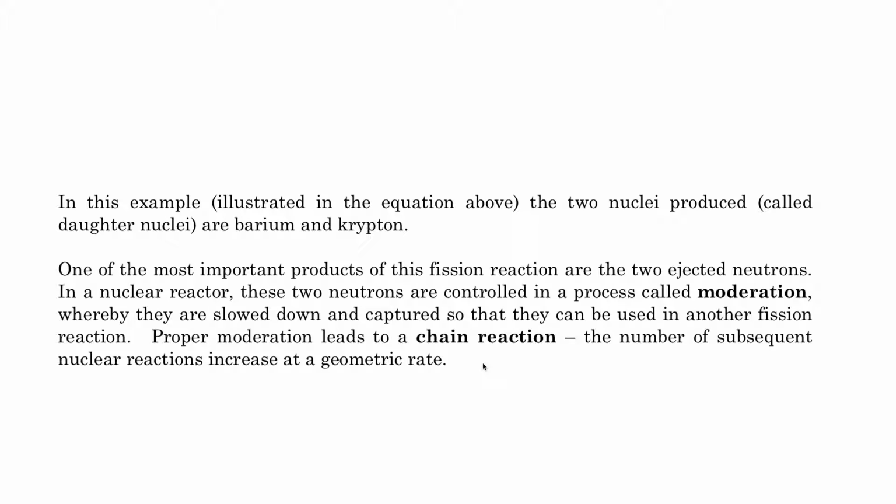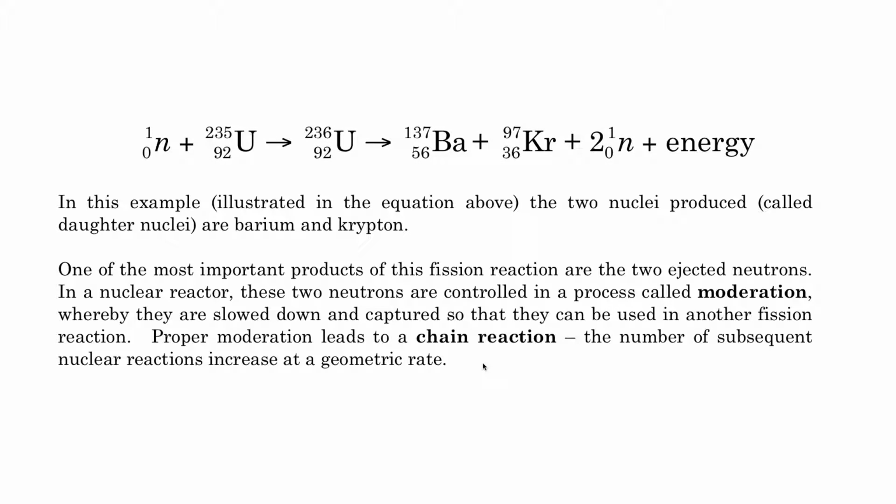So when we take a look at this, we get barium, we get krypton, and we get these really, really important neutrons. We put one neutron in over here, and we end up with two neutrons over here. So that's in one fission reaction.